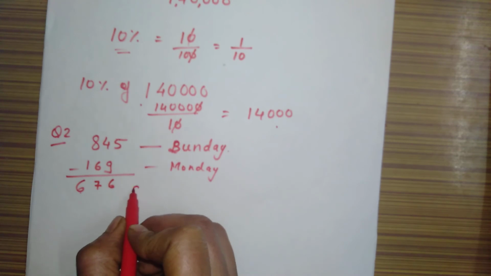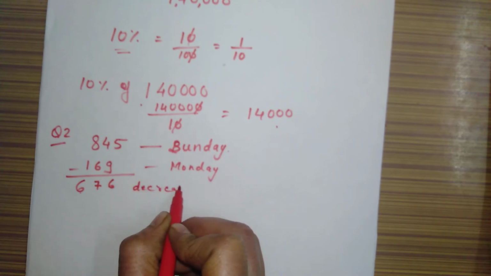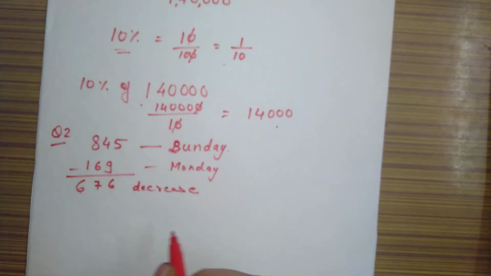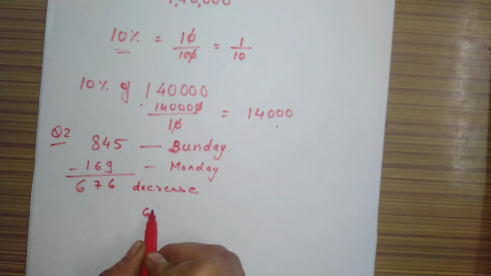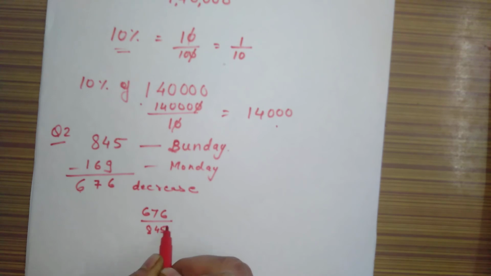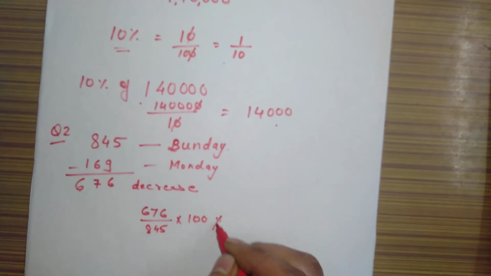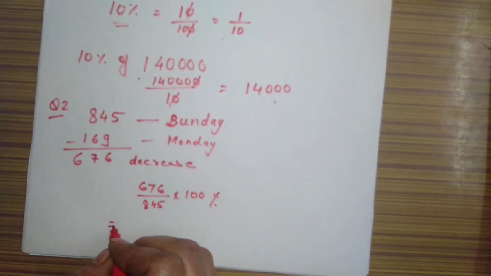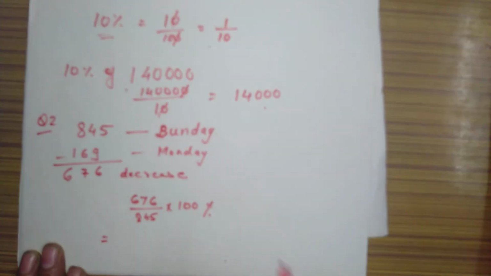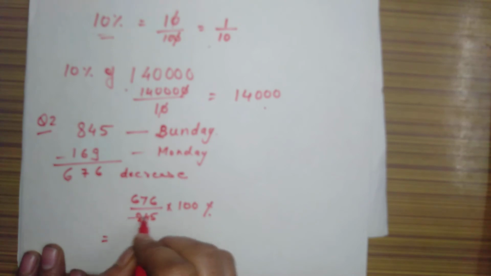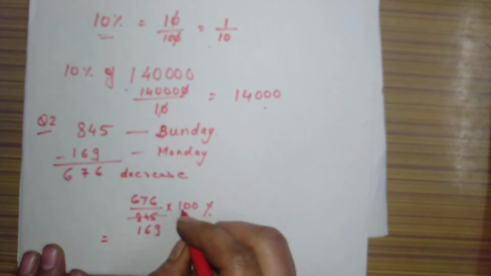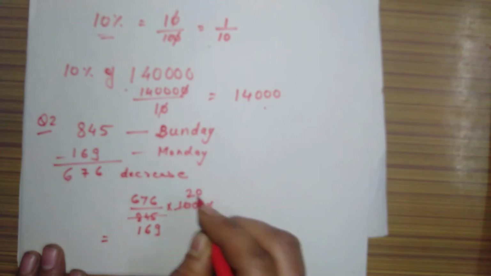This decrease is calculated on 845. So 676 upon 845 into 100%. So calculating this you will get the answer. Solving this, cancel by 5, you will get 169. This cancels 20 times.